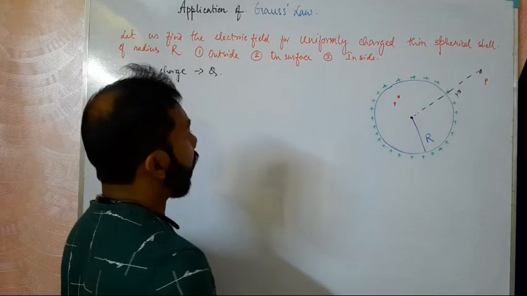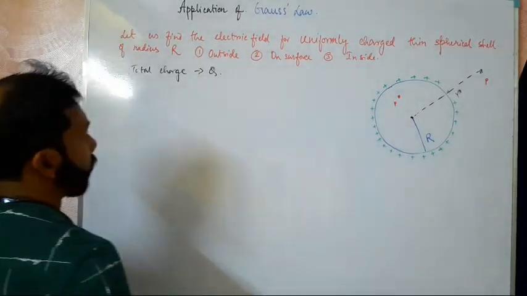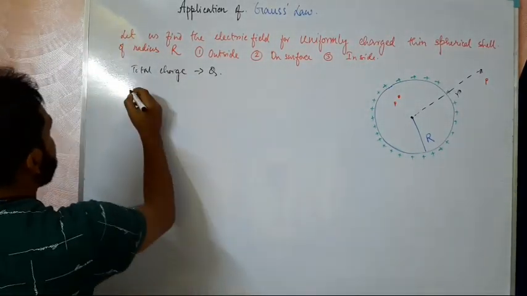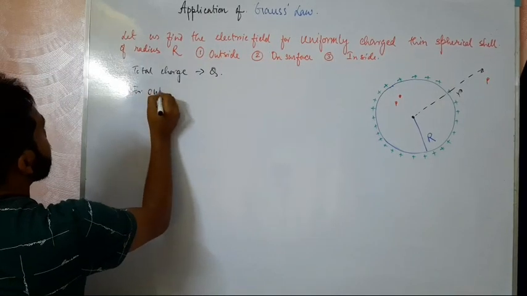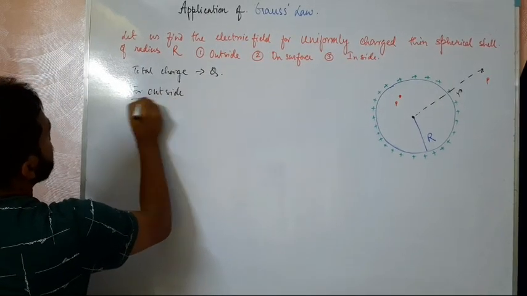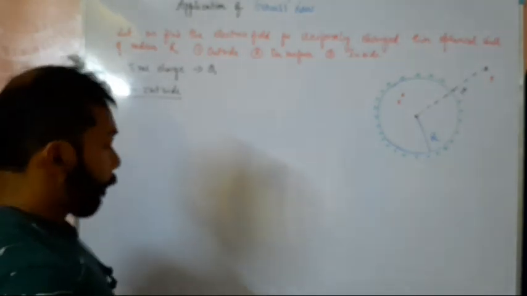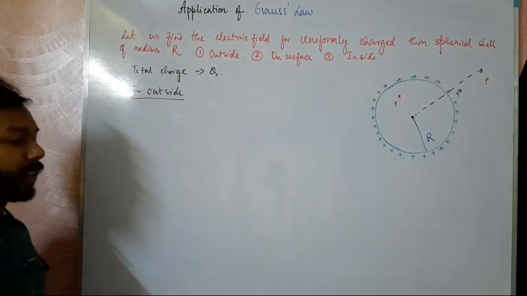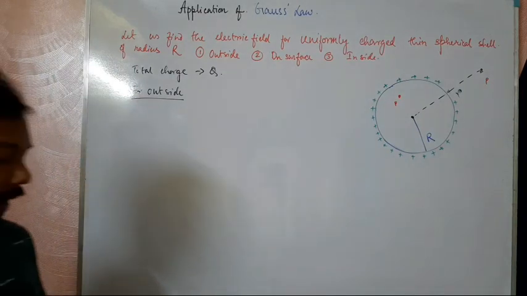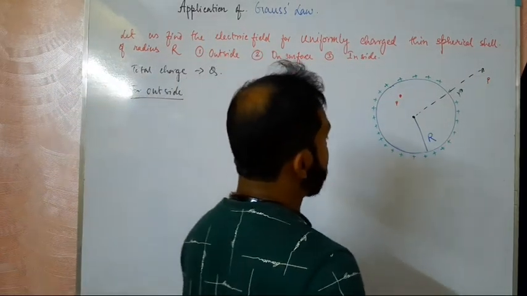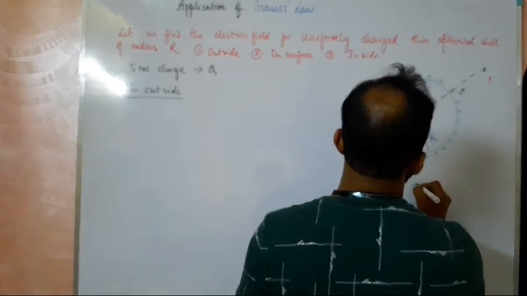Here r is greater than capital R, for outside. Whenever we apply Gauss's law, we first need to see the direction of the electric field, and the electric field will obviously be radially outward.